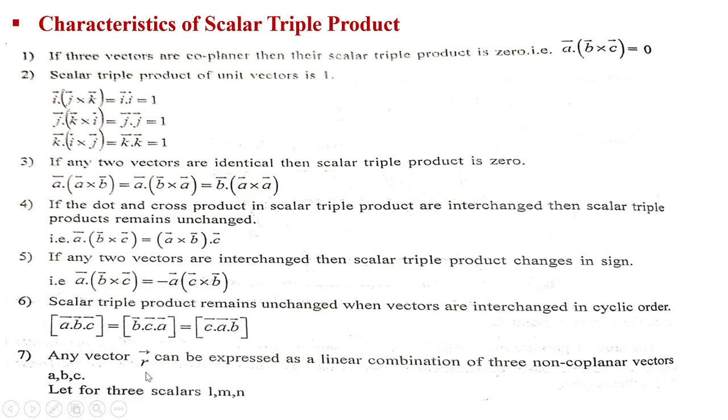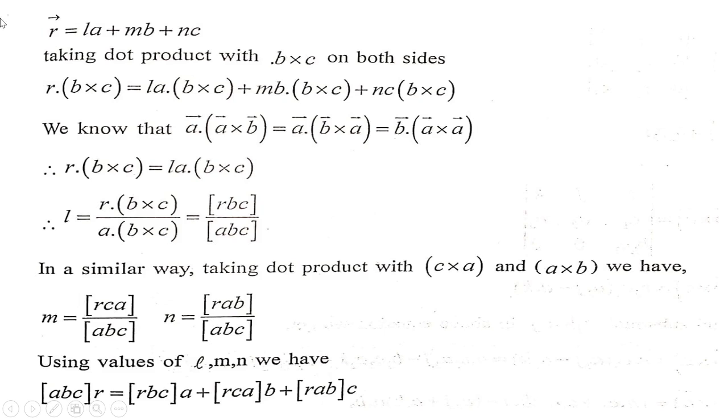Any vector R bar can be expressed as a linear combination of three non-coplanar vectors A, B, C. Let, for three scalars L, M and N, R bar equal LA plus MB plus NC.